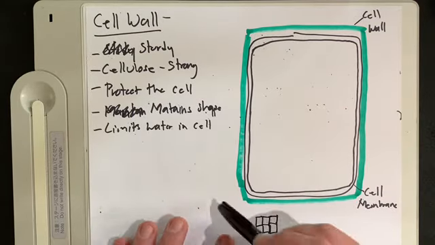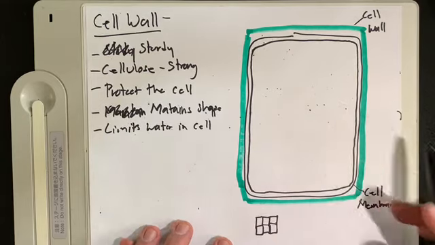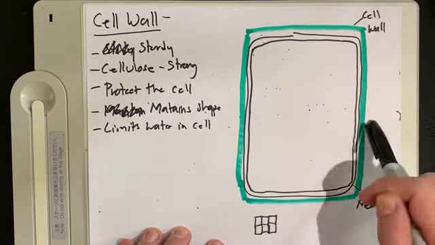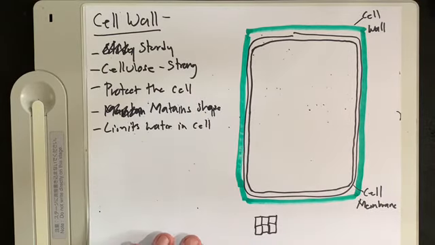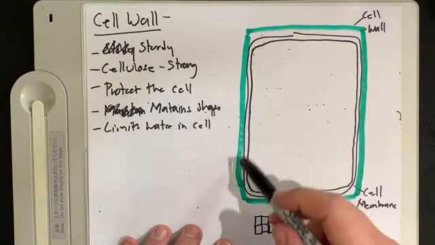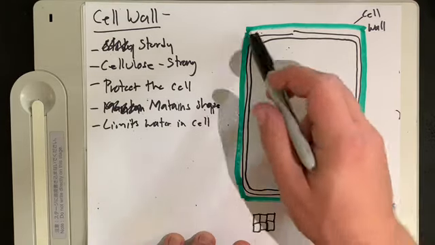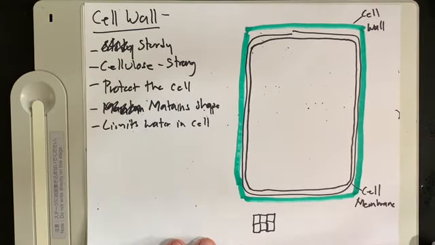As you put water into this cell, it will blow up. So think of this more like a juice box, right? You're going to be limited on how much water you could put in that juice box, because the juice box is made of cardboard, and it's a little bit stronger than the latex your balloon is made of. And so you're going to be limited on how much water can actually go into this.